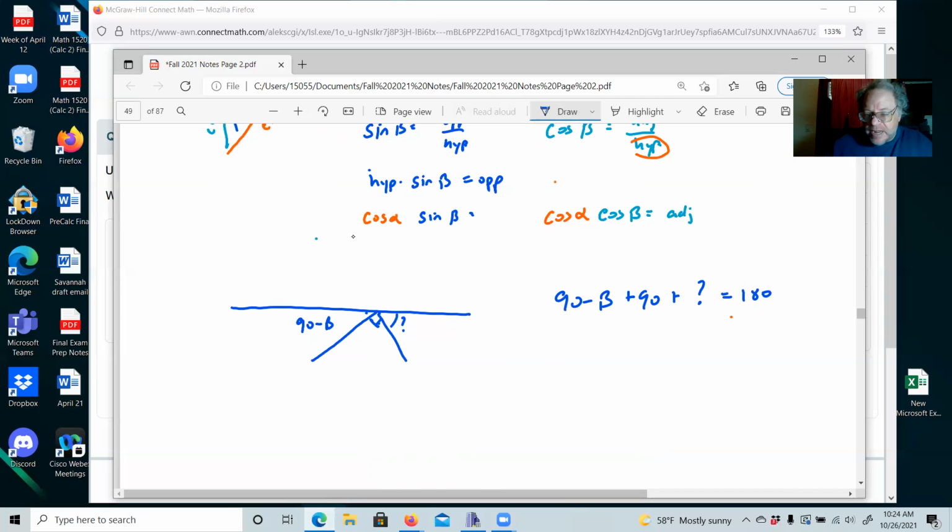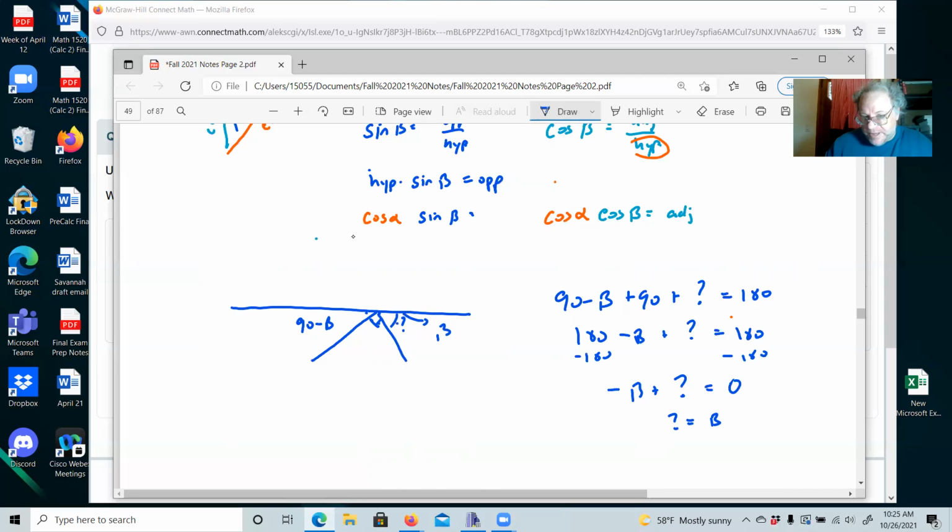Well, 90 and 90 makes 180, minus beta plus something equals 180. So we subtract out the 180s. We have negative beta plus I don't know equals 0. Wait, I think that this angle here, this question mark, this is actually beta.